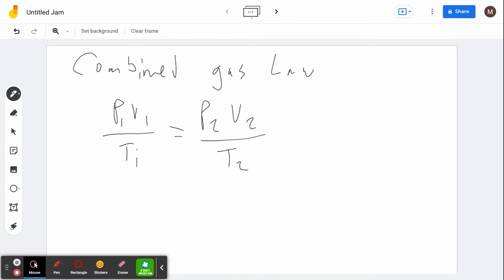When using this formula, temperature has to be in Kelvin, just like the ideal gas law we used with moles. Pressure and volume don't have to be in anything specifically, they just have to be in the same unit. So pressure could be in kilopascals or atmospheres, but both P1 and P2 have to have the same unit. Both atmospheres or both kilopascals.